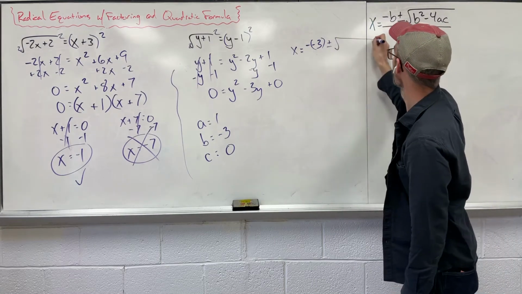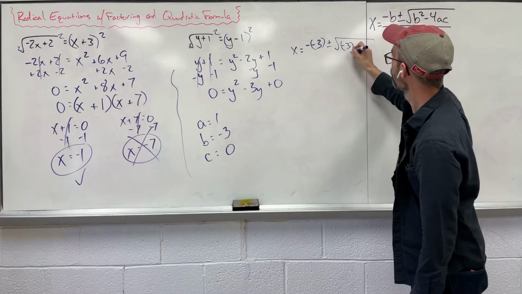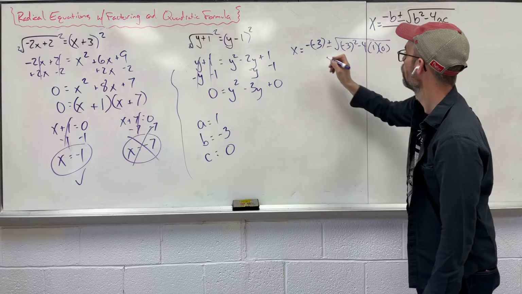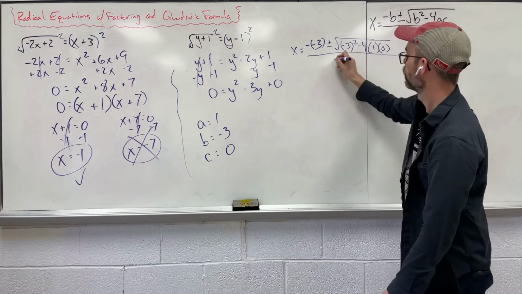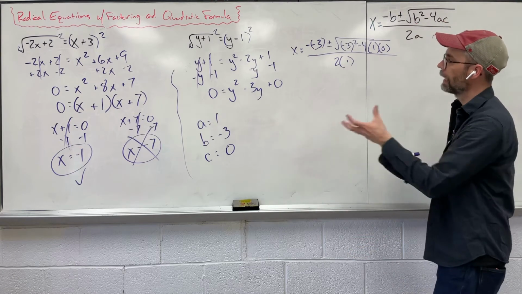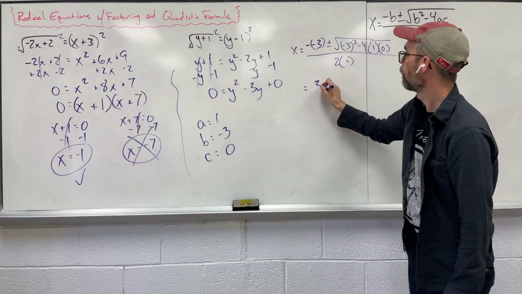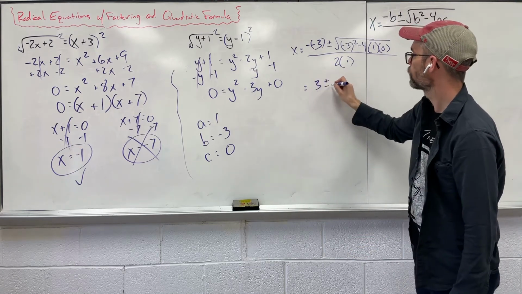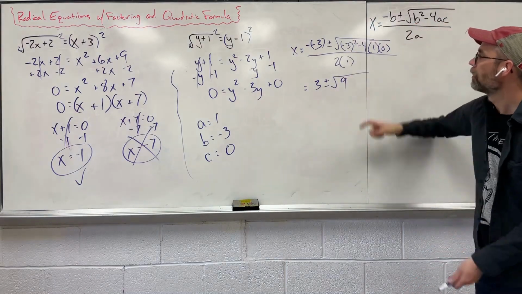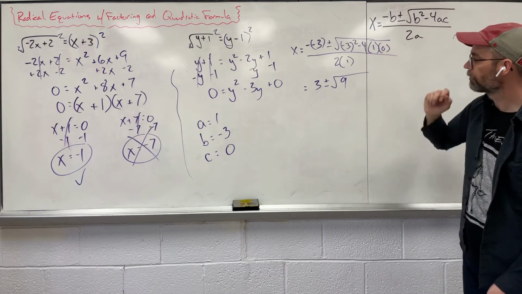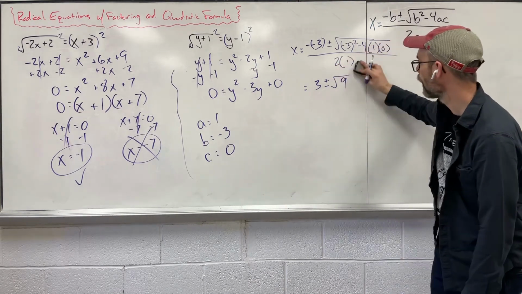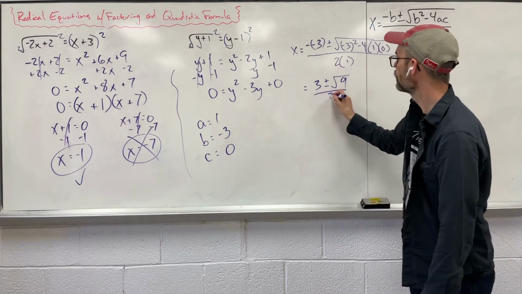Plus or minus the square root of negative 3 squared minus 4 times 1 times 0, all over 2 times 1. Okay, so we plugged everything in. Now let's simplify. 3 plus or minus the square root of negative 3 squared gives us 9, but 4 times 1 times 0 gives us 0. We do not need to do that. We can just leave it as that plain old 9. On the bottom, you get 2.